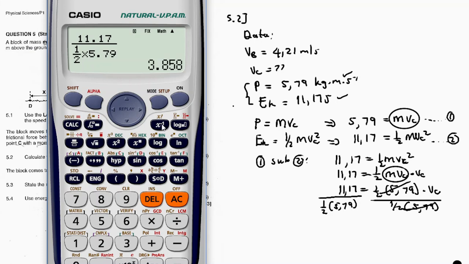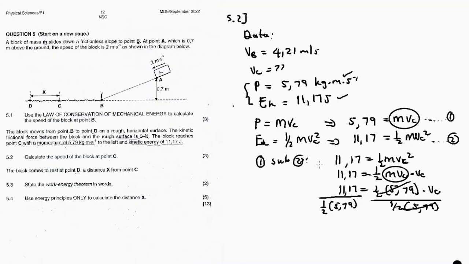Answer 3.858. Okay, so it's 3.858 meters per second equal to vc. So this is our final answer.